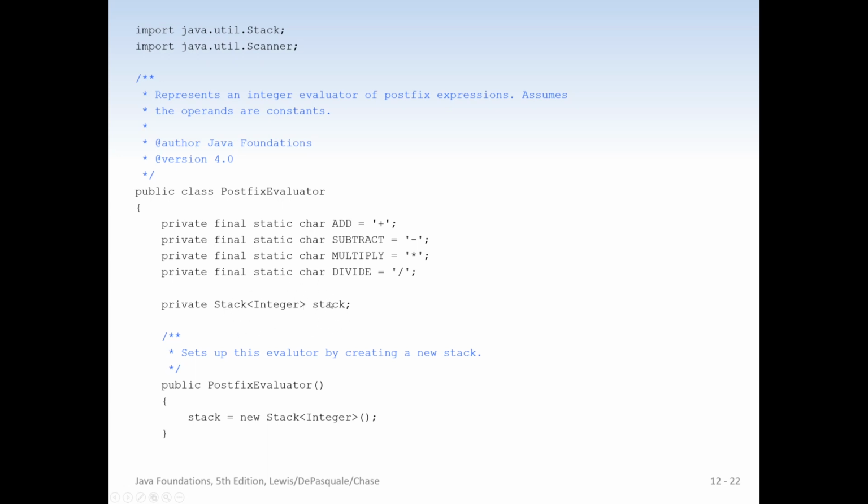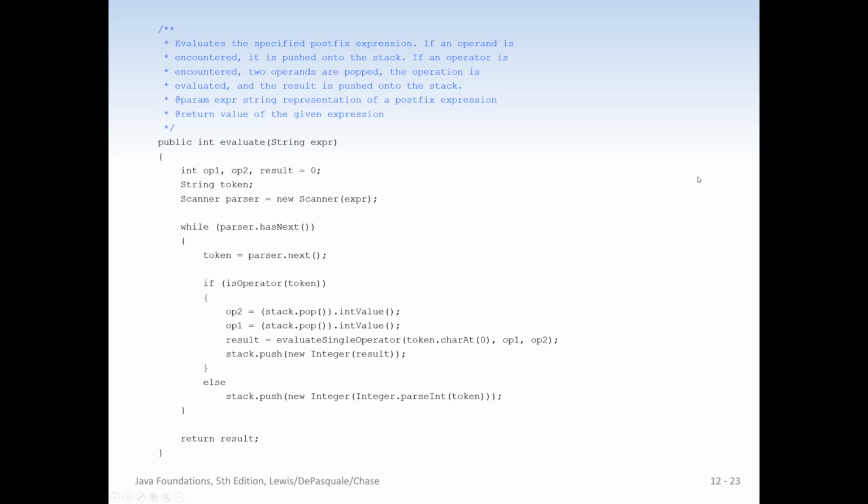We're using the generic here. All right, the stack has been written as a generic. So in our constructor, we're going to create a new stack instance. It's going to hold integers again. And now in our evaluator, we're going to take this string in. We're going to use this parser, the scanner. And we're going to say while parser.hasNext, token equals.